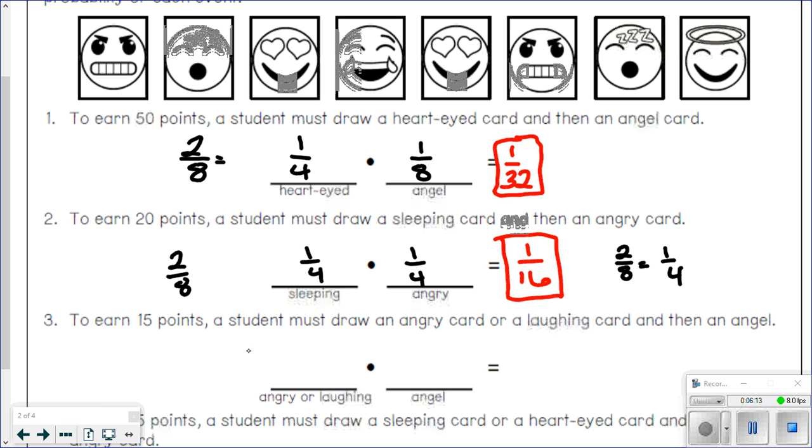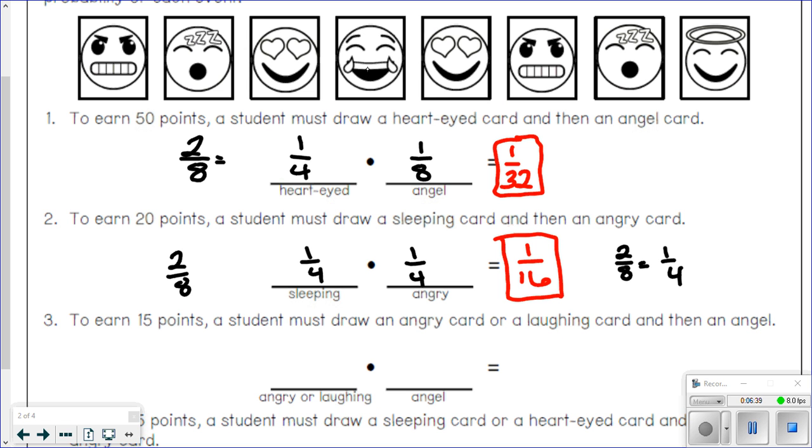All right, number 3, to earn 15 points, a student must draw an angry card or a laughing card and then an angel. So our first probability is angry or laughing. One of those will work. So how many cards are angry or laughing? So we've got 2 angry cards, and we've got laughing. I guess this is the laughing one with the tears.